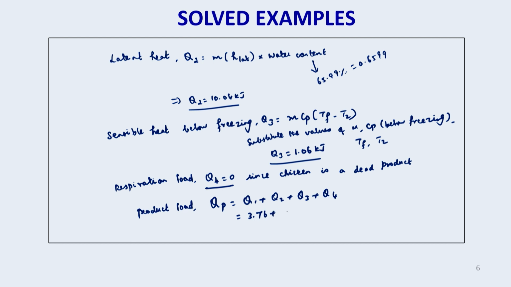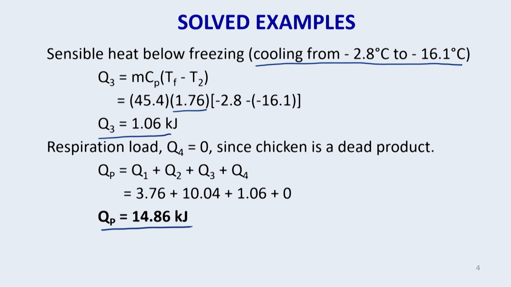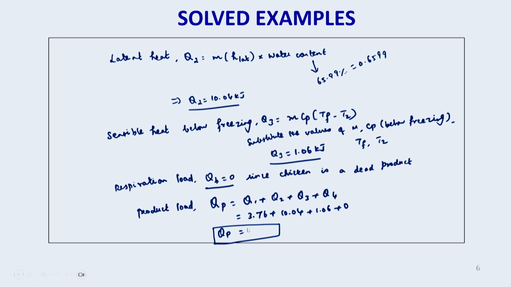So 3.76 plus Q2 is 10.04 plus Q3 is 1.06, Q4 is 0. So the total product load comes to 14.86 kilojoule. So that completes the problem.